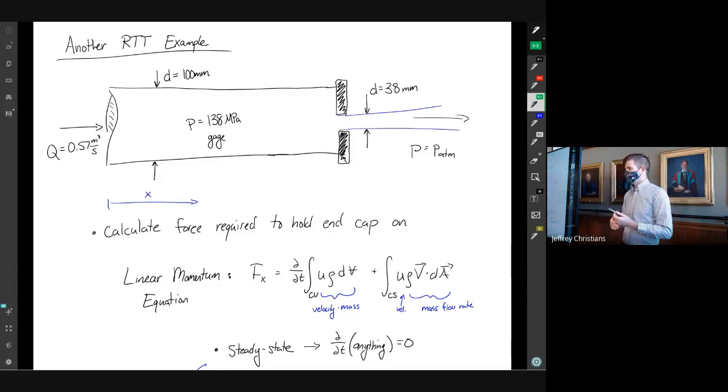So no accelerations really far to the left. After it shoots out of the hole, then it's going to just go on its merry way, but not really. Eventually it'll experience forces due to gravity and different things like that. But that's not really the part that we care about. We care about when it's in this weird transition point, when it's speeding up to go out of that hole.